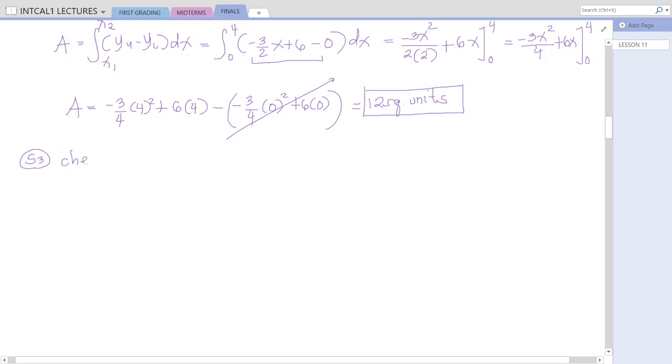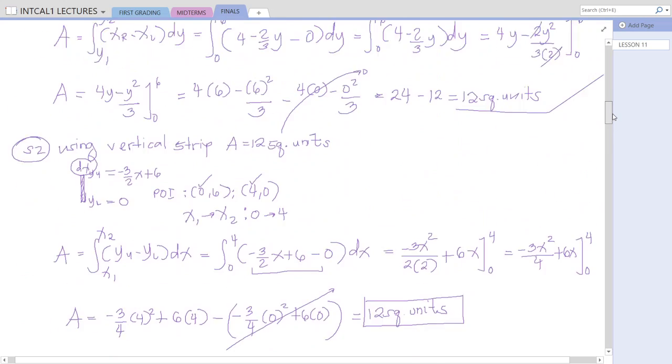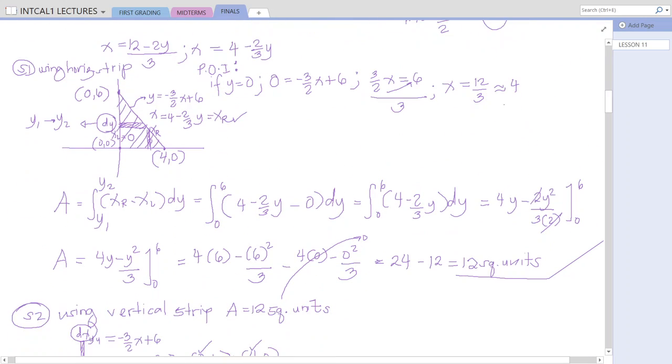this will be only for checking, using plane geometry. The lines there formed a triangle. Having that one, of course, the vertical height is automatically 6, and the length of the base is 4.